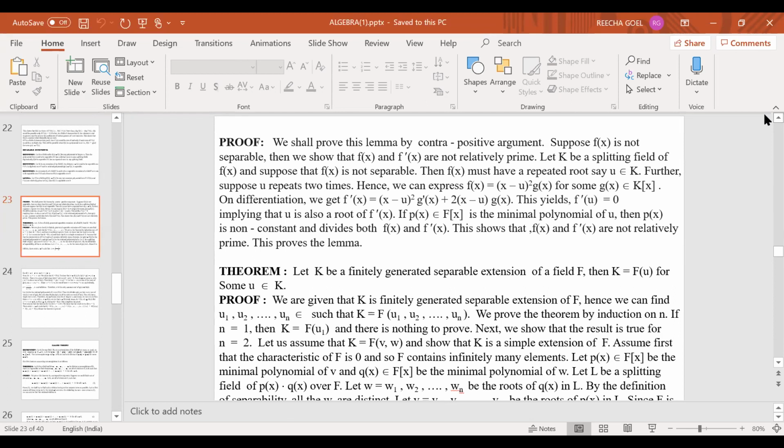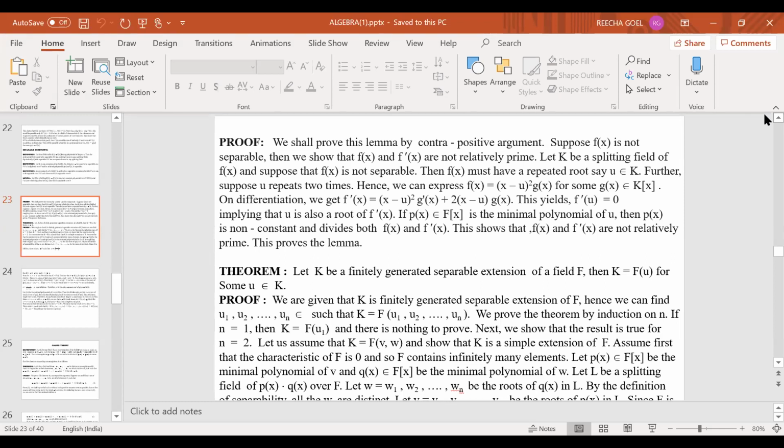Further, let us suppose, for the sake of simplicity only, otherwise you can always take multiple roots, that u repeats 2 times. That is, (x minus u) squared is a factor. So I can write f(x) as (x minus u) squared times g(x) for some g(x) in K[x].